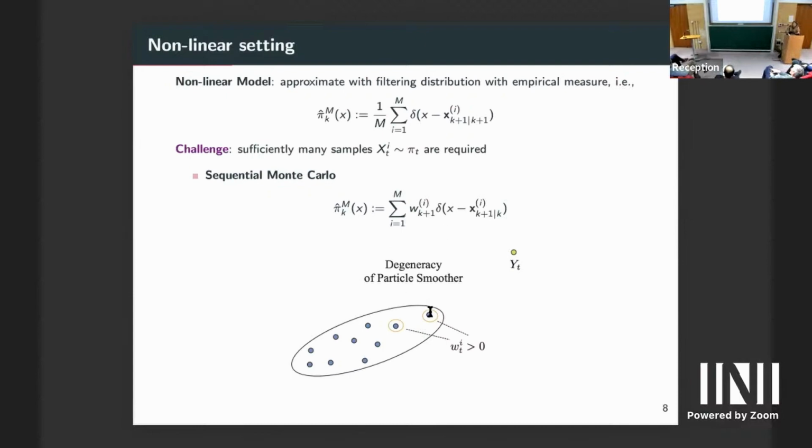The reason is that if you have very few samples, the weights will all be very small at some point because they're too far away from the actual observation. You would really have to cover the whole space well to always have samples that have a fairly high, non-zero weight.